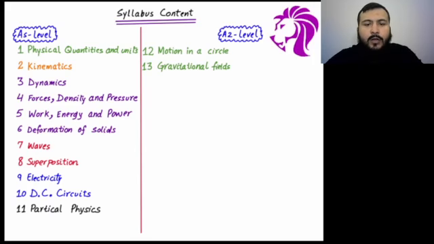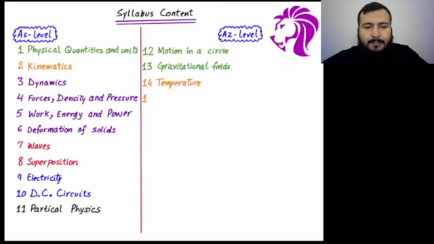You are going to be looking at a whole new lot of formulas in this chapter. Then it's the gravitational fields, and these two chapters are very much related to each other. All the concepts that you are going to learn in chapter 12, circular motion, are going to be applied in chapter 13, gravitational fields.